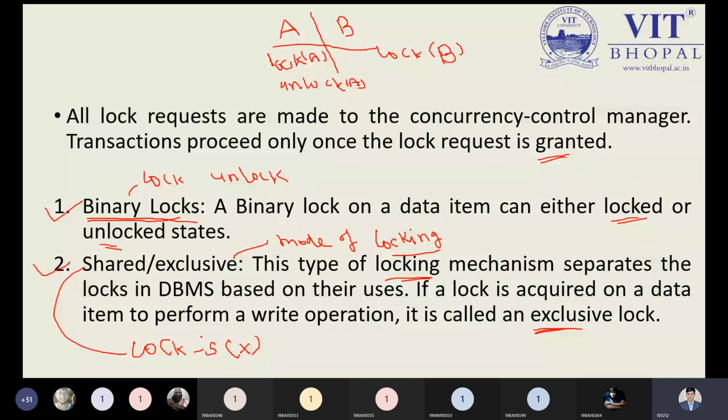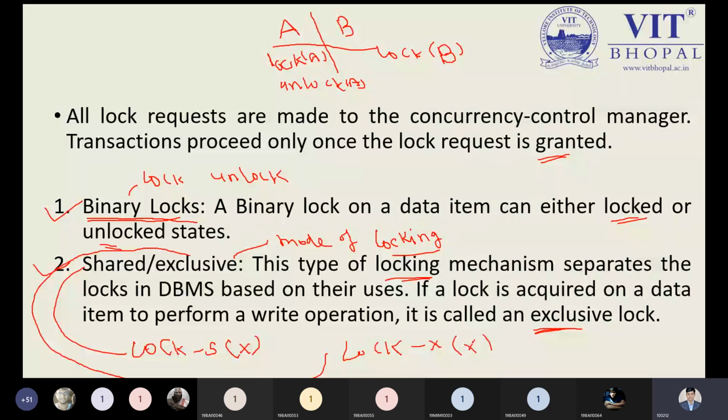At that time you are reading the information, so this is known as a shared lock. If you are using the lock in shared mode, then you can't write. This is a point you need to keep in mind. But if you are using the exclusive mode of the lock on data item X, then you can read as well as write.